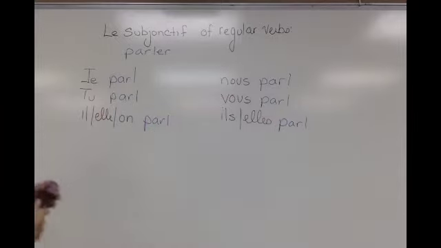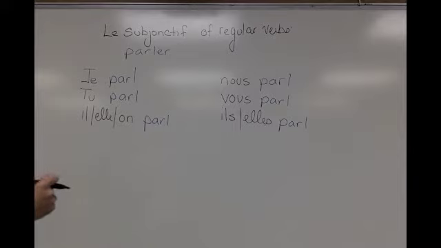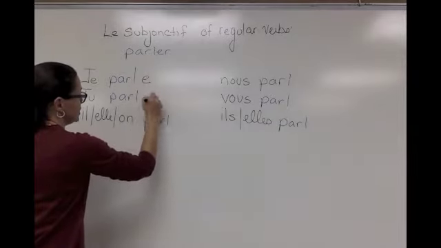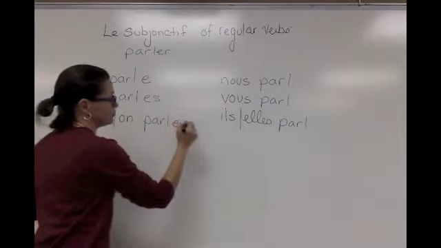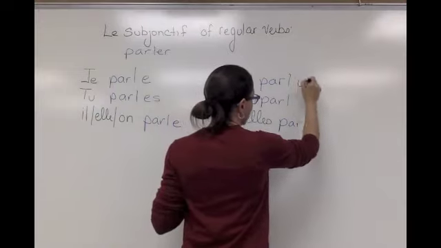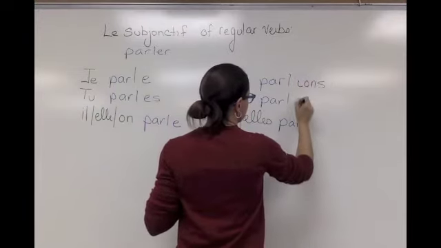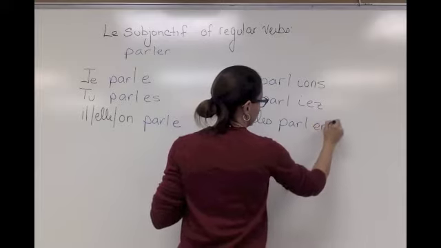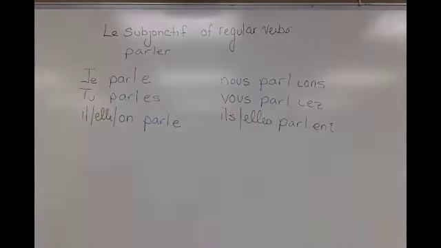So now take the root, and you're going to add your subjunctive ending. So the subjunctive ending here is going to be E, E-S, E, I-O-N-S, I-E-Z, E-N-T. Here's your subjunctive.